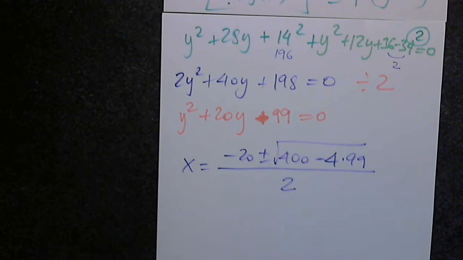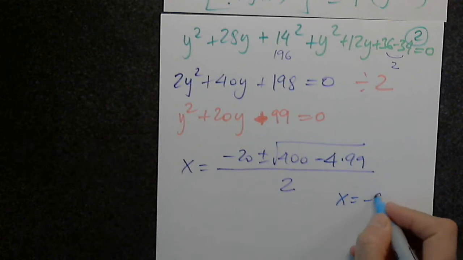So in parentheses, negative 20 plus the square root. I always put parentheses under the square root. 400 minus 4 times 99. Close the parenthesis, go outside of the square root, close the parenthesis and divide by 2 and press enter. And I get negative 9. So y equals negative 9.